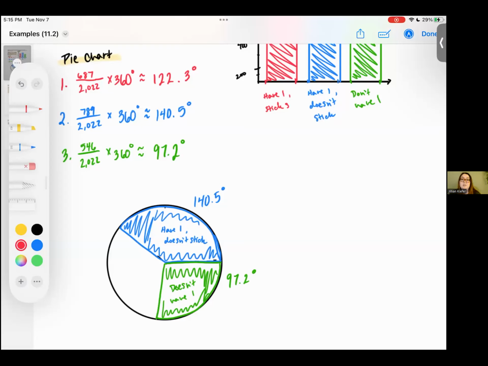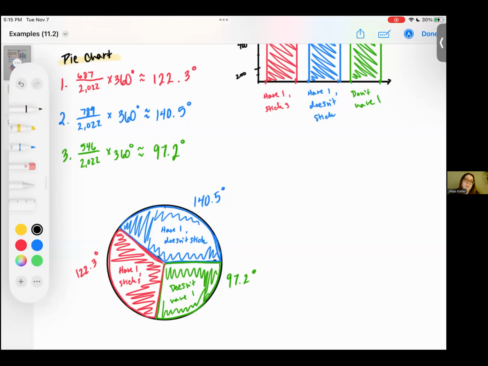It's the last slice of the pie, so we're just going to fill it in. This was have a budget and sticks to one. We do our best to draw it in here. This was have one, sticks to it more specifically, but you get the picture. And this one was 122.3 degrees. So there's our pie chart.